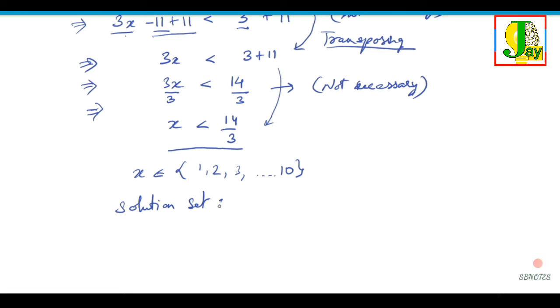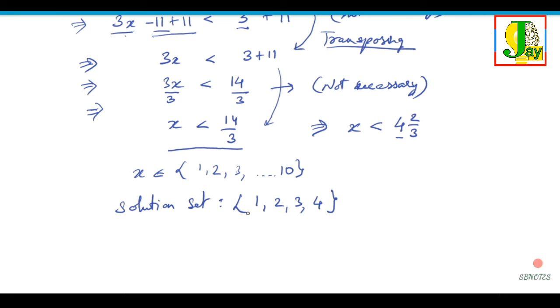Okay, so solution set जो है वो हो जाएगा हमारा, यहाँ पे 14 by 3 is, what do we get, x less than 4 2 by 3, so less than this, and we have the numbers, so the integer value we get is 4. 4 is less than 4 2 by 3. Okay, so we have the numbers which are less than that, so we have 1 2 3 and 4. So this is the solution set, because we can go further down but the replacement set is restricted.